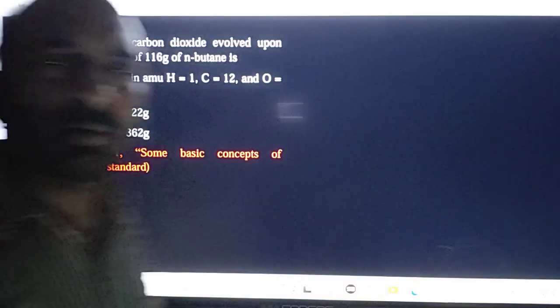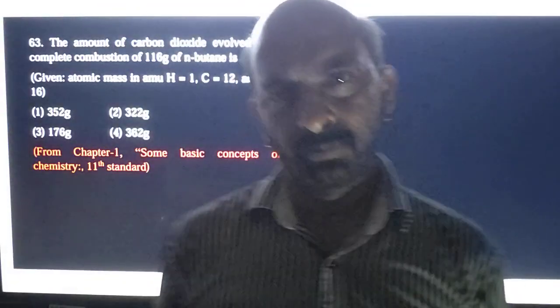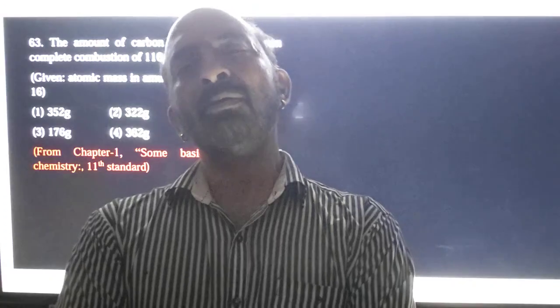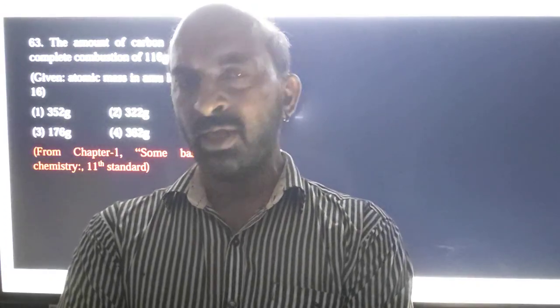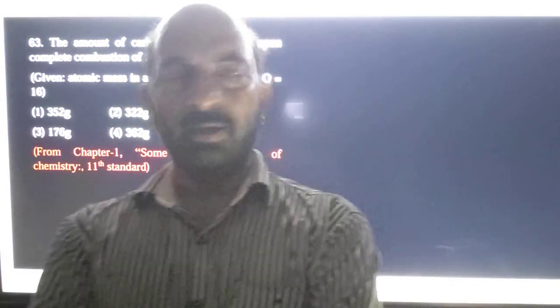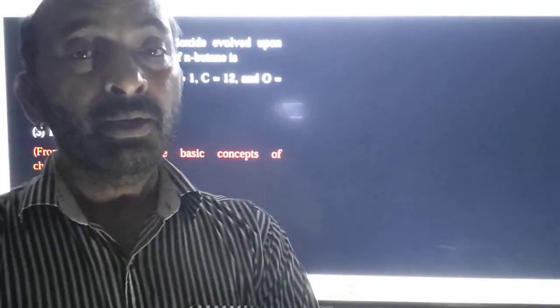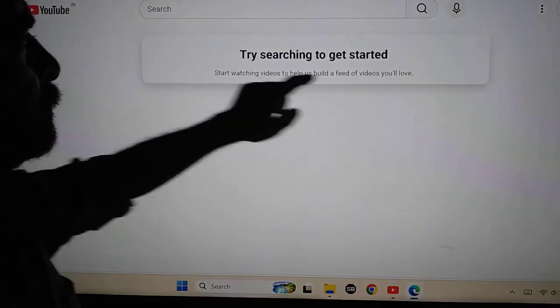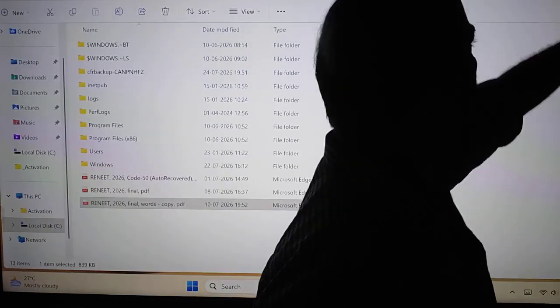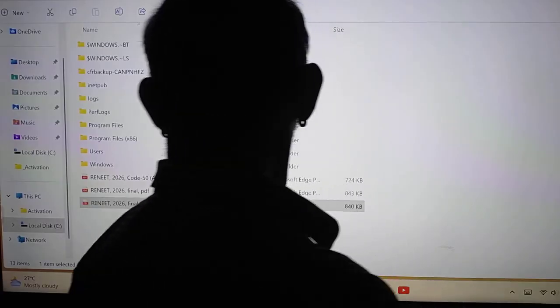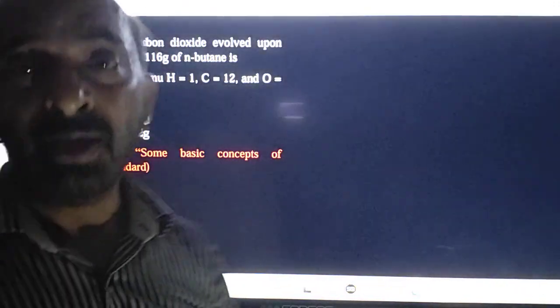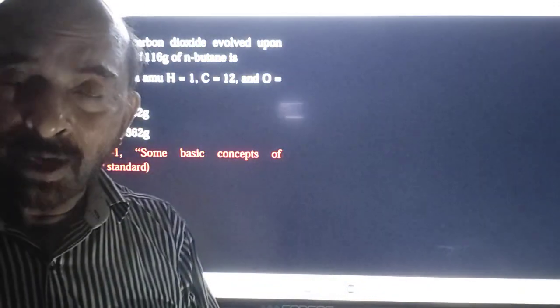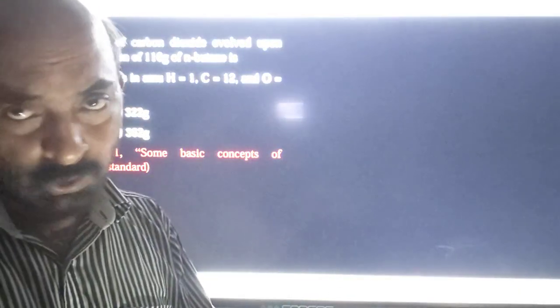What is the molar mass of butane? Its formula is C4H10. So what is its molecular mass or molar mass? C4, 4 12s are 48, plus 10, 58. Out of 58, you know there are 4 moles of carbon, so that would lead to the production of 4 moles of CO2.